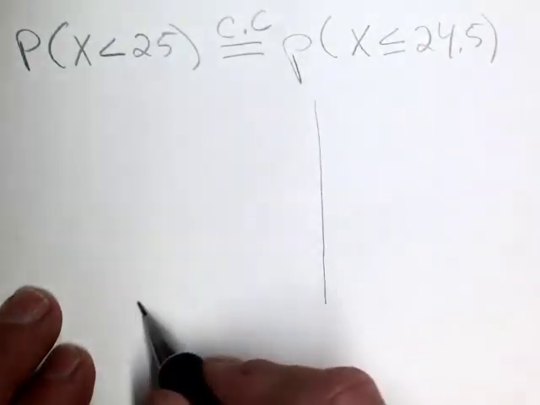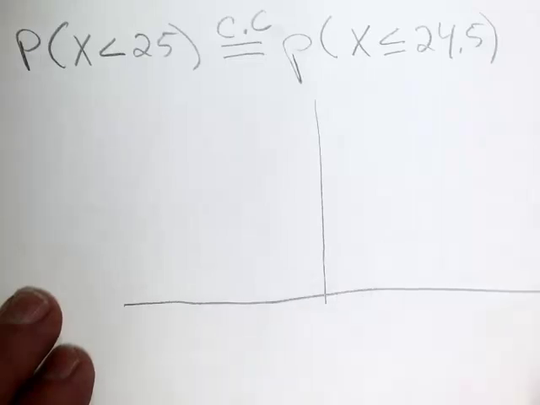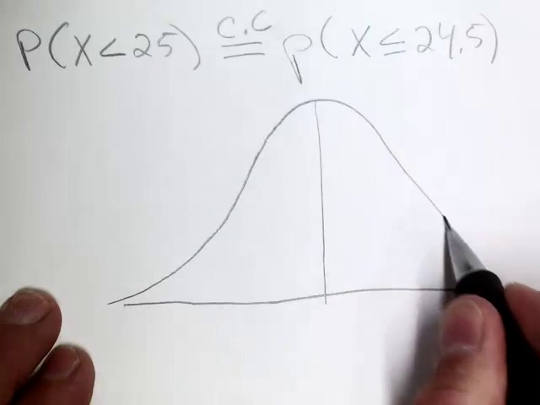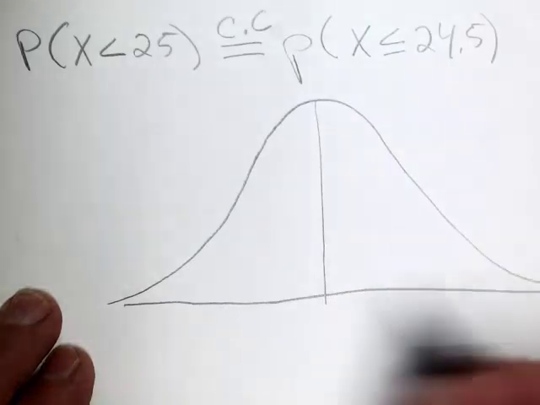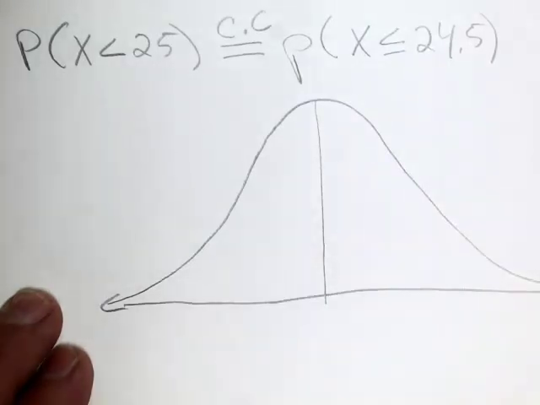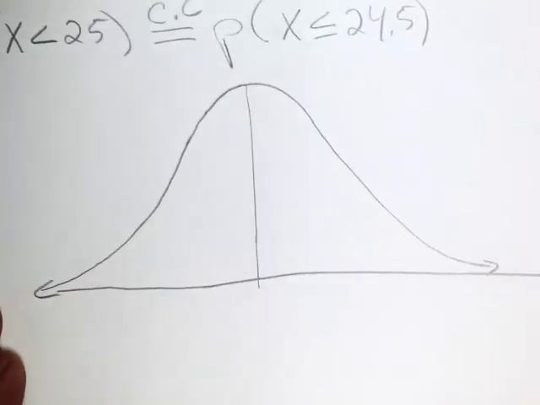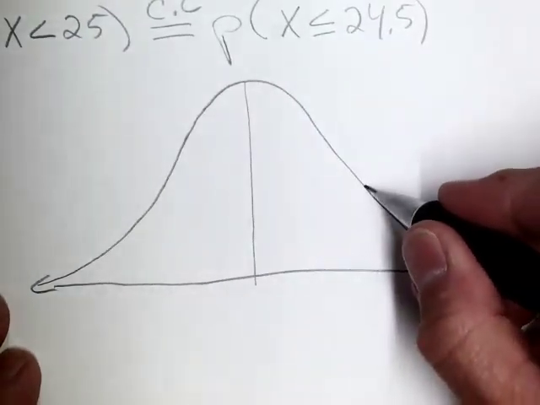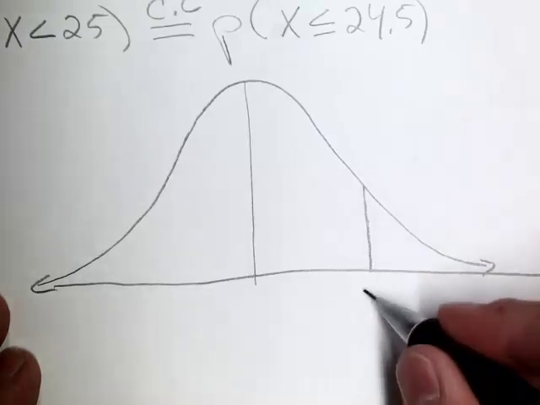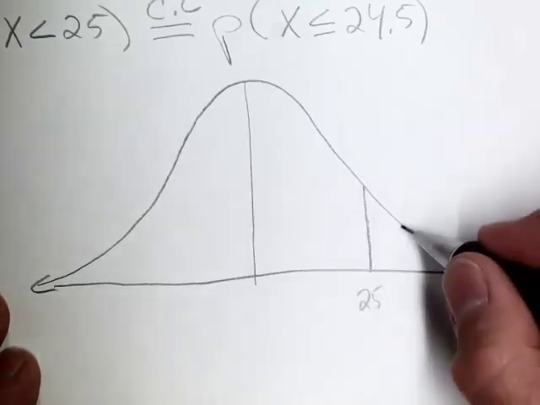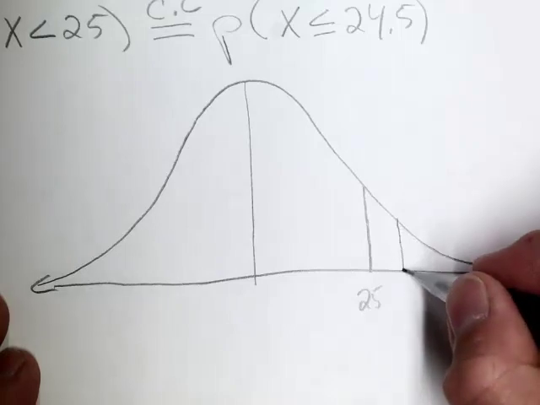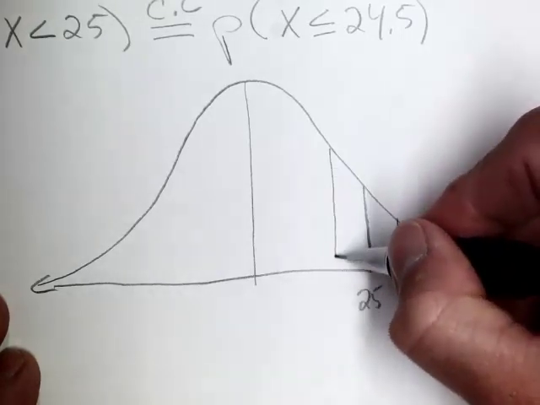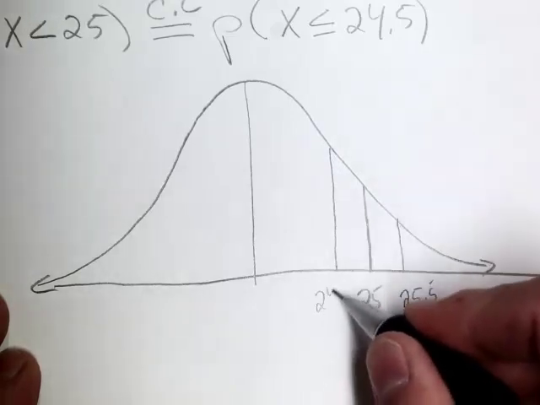Okay, so visually, I'm assuming that this binomial distribution can be approximated by the normal distribution, so I'm just going to draw a generic bell curve. So the number 25 in the continuous case actually is represented by adding 0.5 above and subtracting 0.5 below.